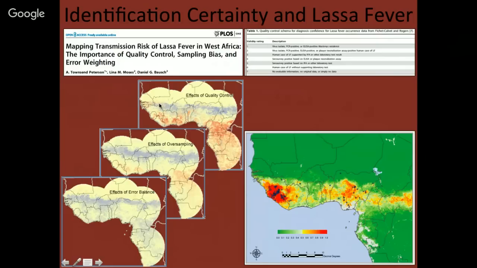If we quality controlled the data going into the model, these blue areas were emphasized more and more, and these red areas less and less. And so essentially, this area up here at the northern rim of the prediction was missed in the original model from these authors. And that was because they hadn't quality controlled their data.